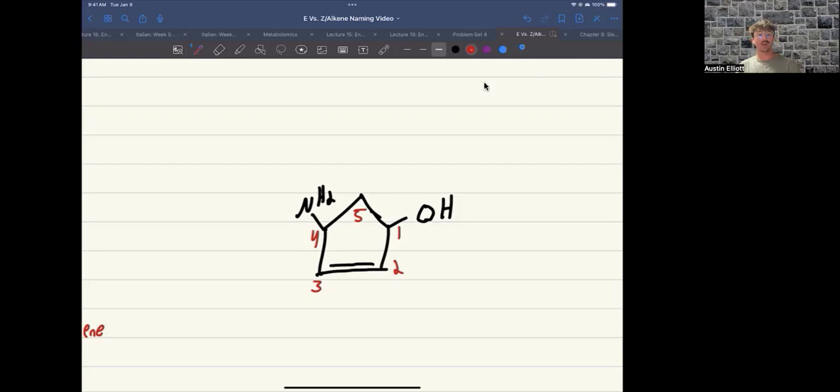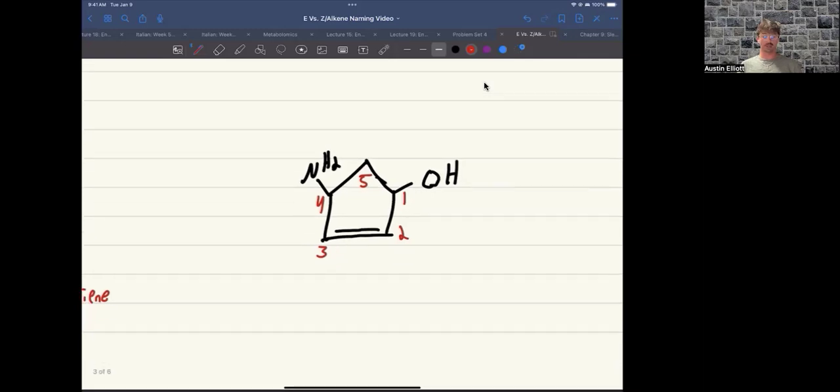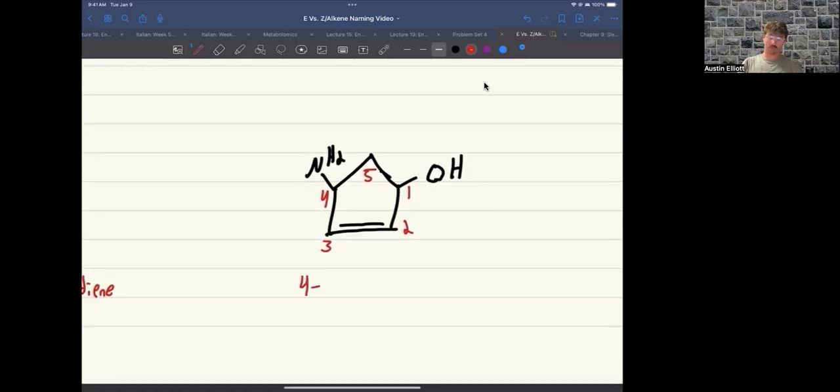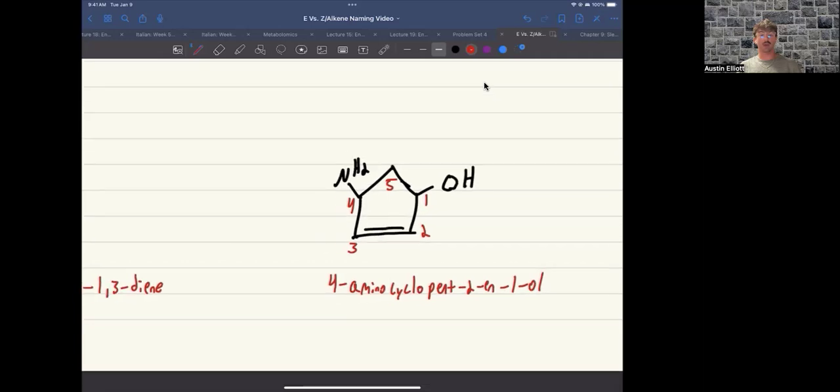So we want the alcohol at the lowest, and then we want to go to our next functional group, which is the alkene, to give it the lowest, rather than going to the amino since it becomes a branch. So this is going to be 4-amino-cyclopent-2-ene-1-ol. Always making sure to drop that E when you have an alcohol.